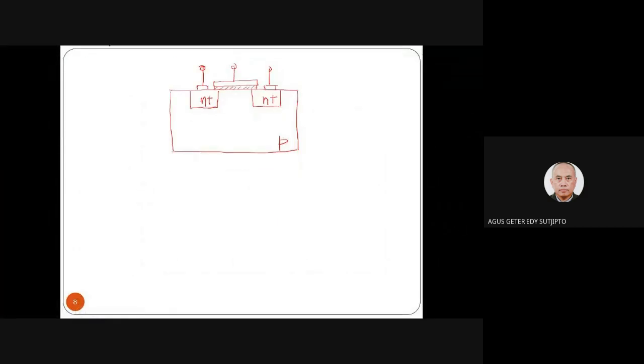So at the left terminal we have a source, and the right terminal we have a D, drain, and then we have a G in the middle. And on the bottom we have a body, or the base, B. So usually S and B is grounded.